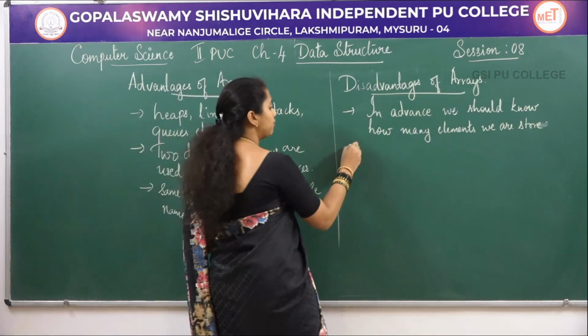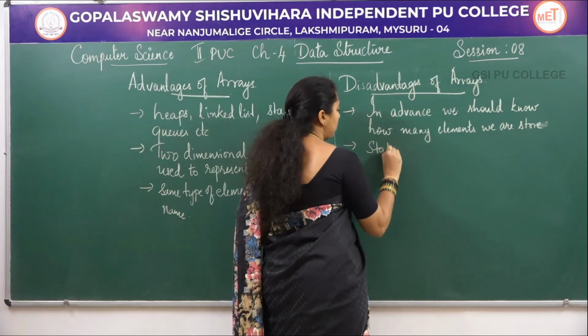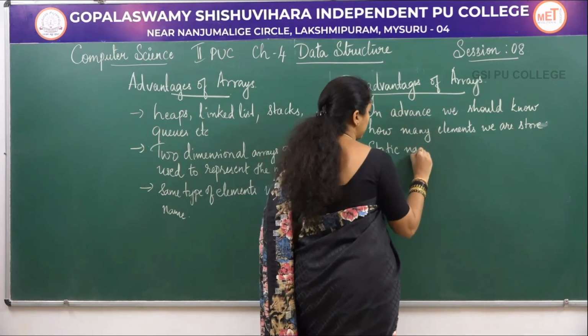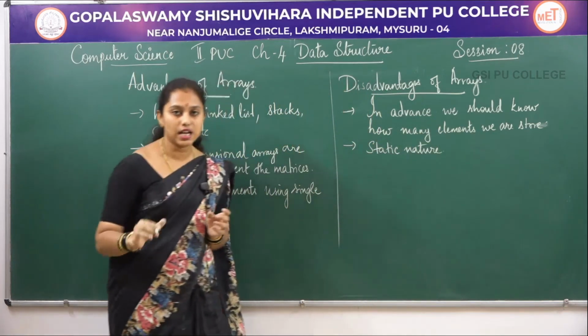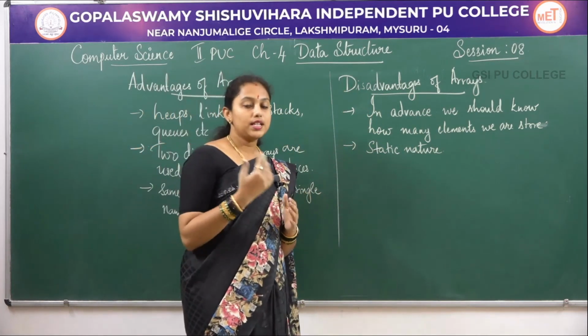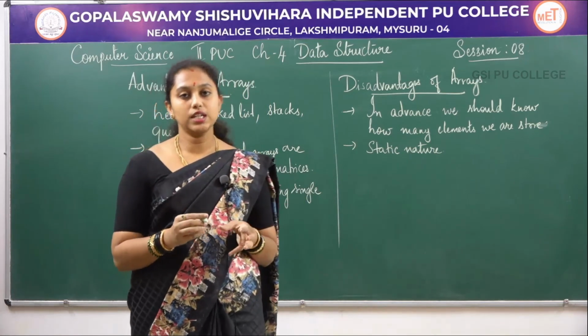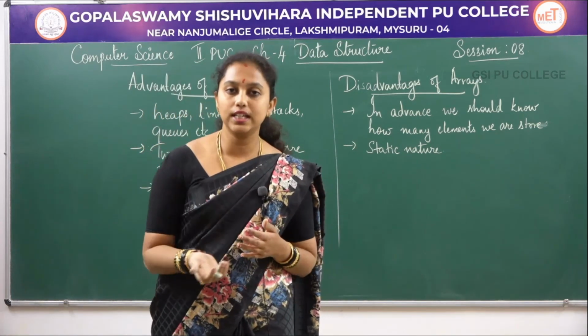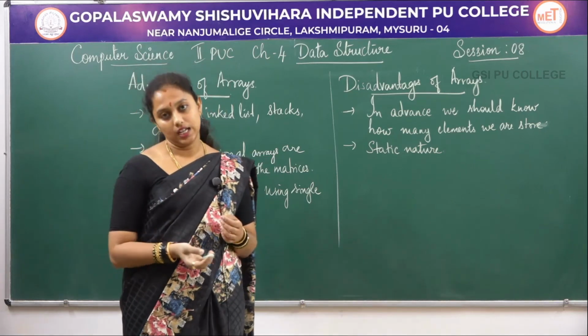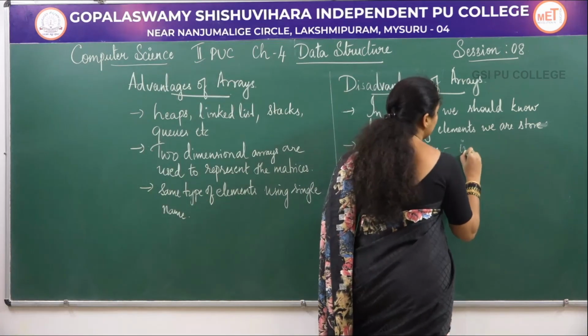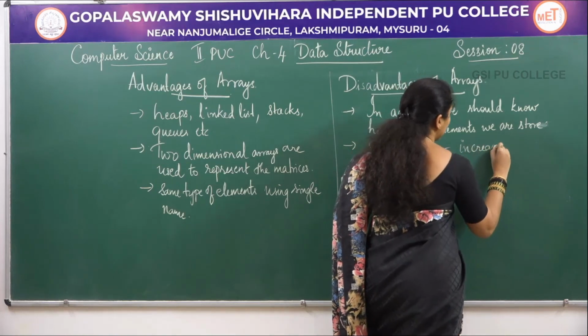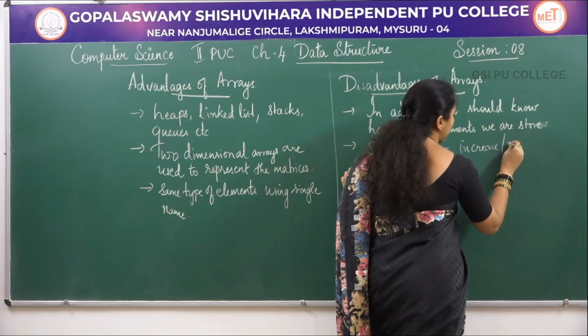An array is of static nature. What is the meaning of static nature? It means it is of fixed size. As an array is of fixed size, we cannot increase or decrease the size of an array. That is called static nature.